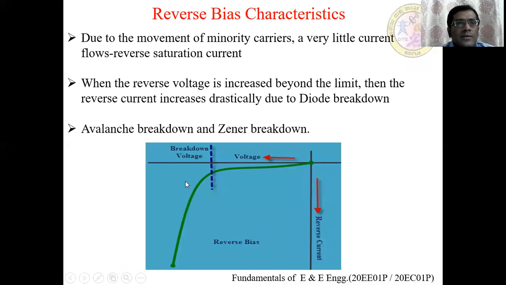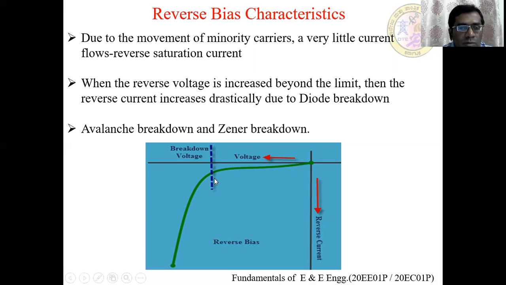The reverse bias characteristics. Due to the movement of minority carriers, a very little current flows, called the reverse saturation current. When the reverse voltage is increased beyond the limit, the reverse current increases drastically due to diode breakdown. So avalanche breakdown and Zener breakdown effects will happen, and once it crosses the limit, this is the breakdown voltage limit.